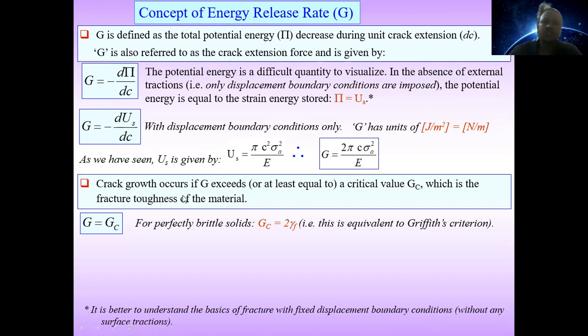Crack growth occurs if G exceeds a critical value GC. GC is the critical value of energy release rate, which is the fracture toughness of the material. So G is equal to GC for perfectly brittle solids, or GC is equal to 2 times gamma F. This is equivalent to Griffith's criteria.